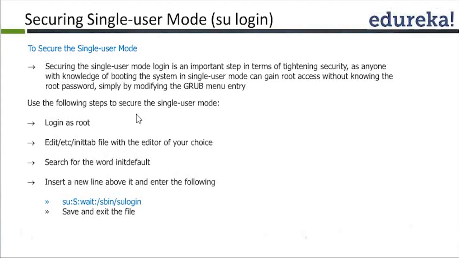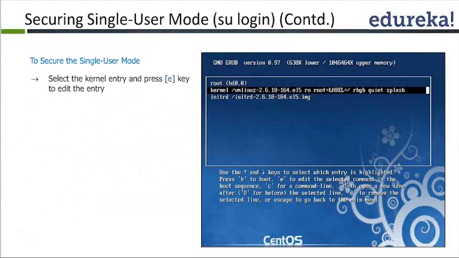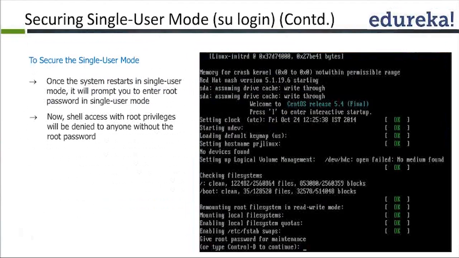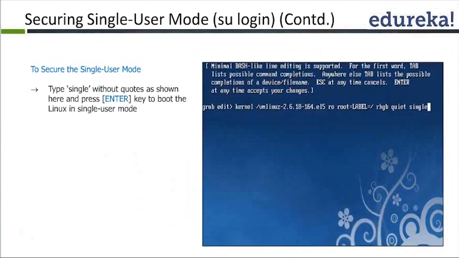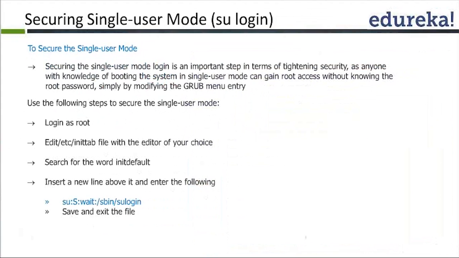Use the following steps to secure the single user mode. Let's first see how to modify it in the first place. Here are some steps that are given. You need to restart your system first. This is currently in run level 5.